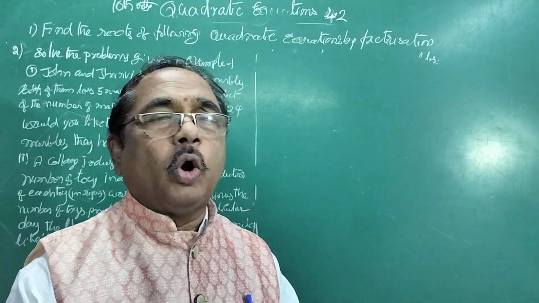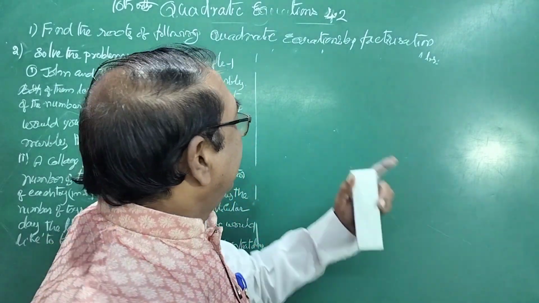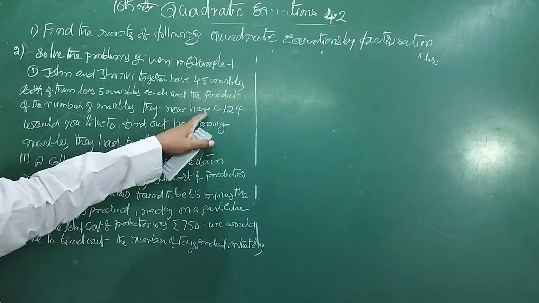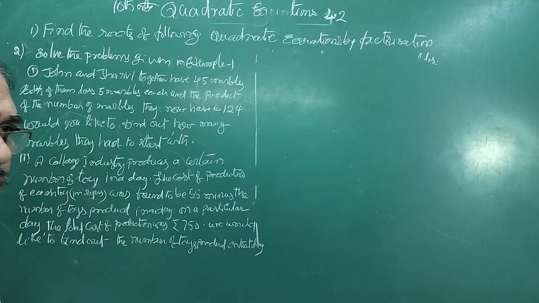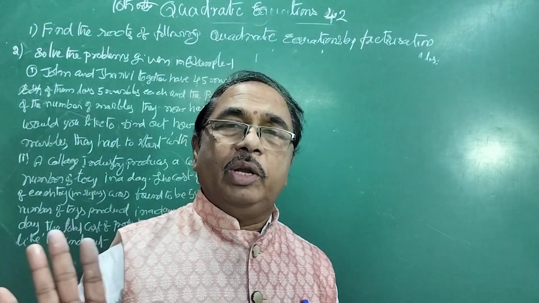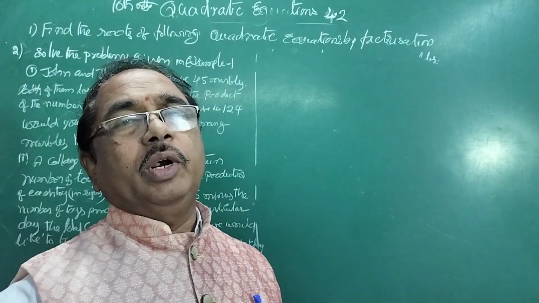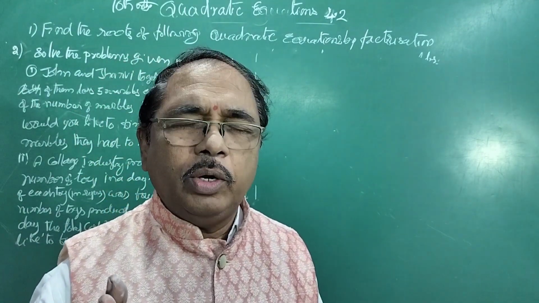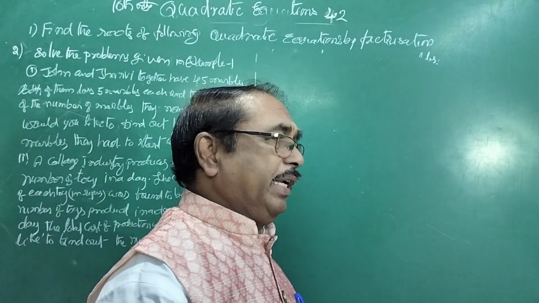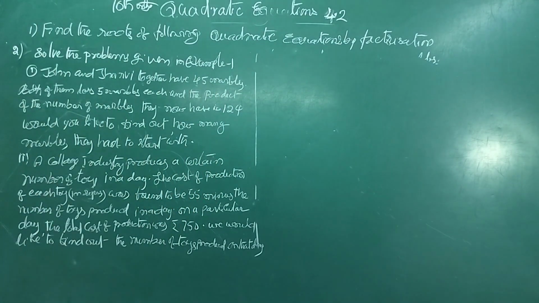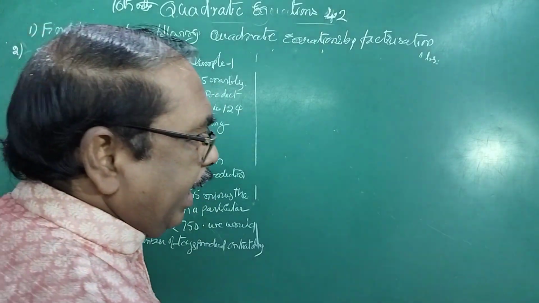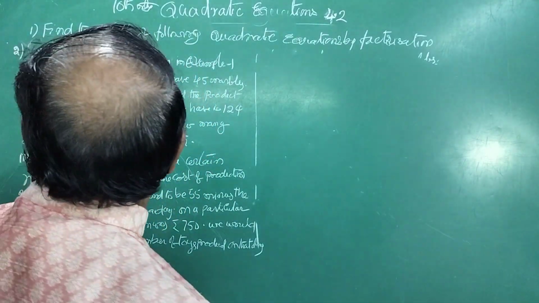If we find the product, that means if we multiply, that is equal to 124 marbles. Yes, let us do. Find out how many marbles John has and Janvi has.